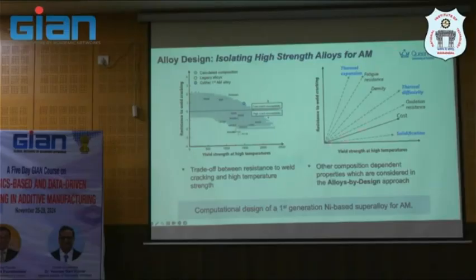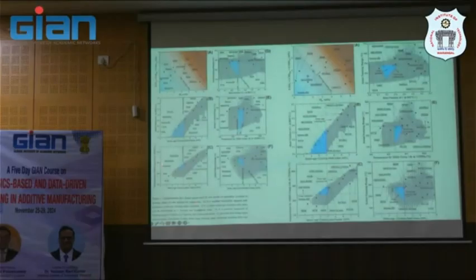Cost, a big factor. Oxidation, thermal diffusivity, density, fatigue resistance, thermal expansion in the design cycle loop, in the material informatics loop here. And then we can generate different rankings, because the screening is based on the metallurgy that we identify.